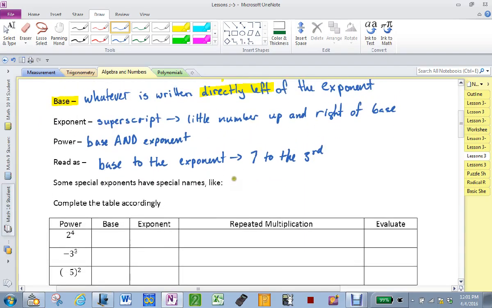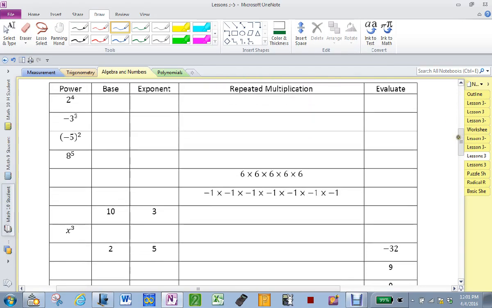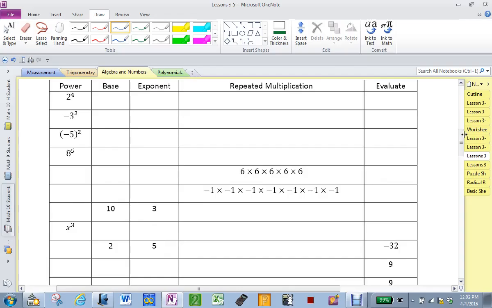Second and third. x2, which is squared, and x3, which is cubed. Everything else, you say it this way: base to the whatever it is, 4th, 5th, 6th, 7th, 11th, 27th, 32nd. Cool?